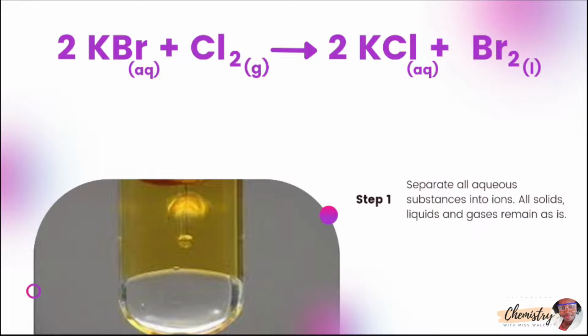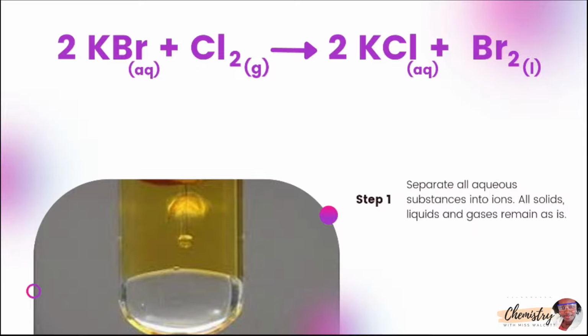Starting with our balanced equation, we would first separate any substance that is aqueous into its ions. Substances which are aqueous have the state symbol AQ. A state symbol is a subscript which tells us the condition of each chemical involved in the reaction mixture.